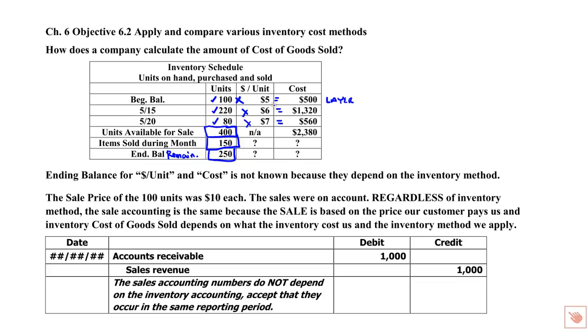But we're also increasing so we can see the effect of our accounting choices on cost of goods sold. Now notice that the dollar per unit and the cost of the items sold during the month, the dollar per unit remaining in inventory, and the total cost of everything remaining in inventory aren't there, because those question marks depend upon which cost of goods sold or inventory method we use.